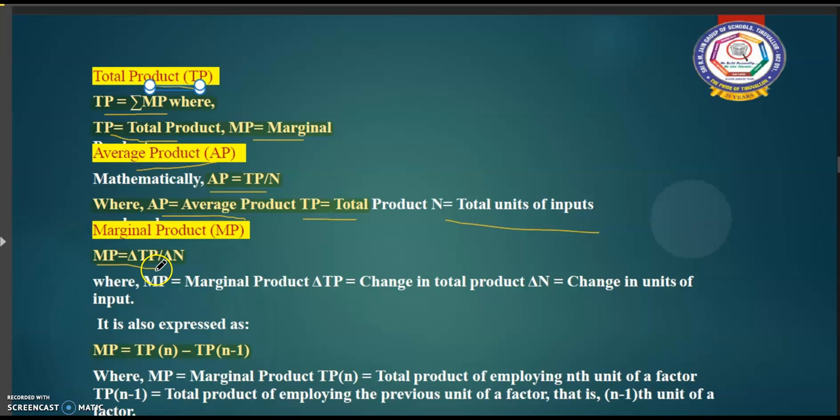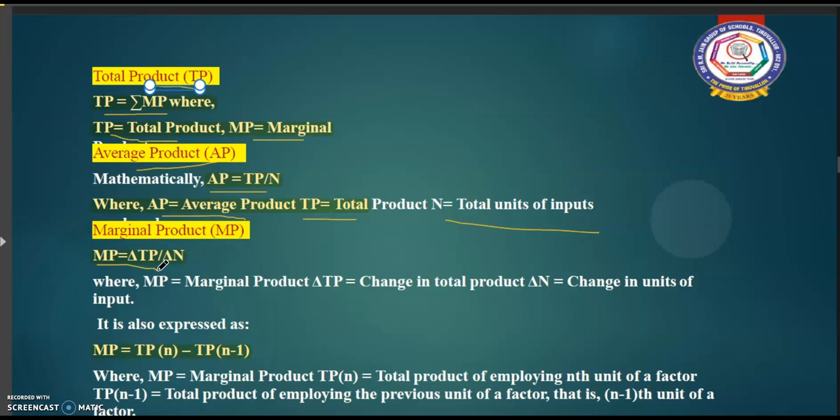Now what is meant by marginal product? In our previous chapter also we discussed in detail what is meant by marginal, what is meant by average, what is meant by total. So here, marginal is the addition or the increment made to the total product when one more unit of the variable input is employed.